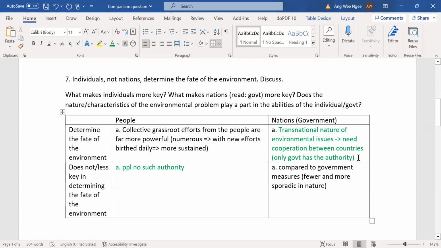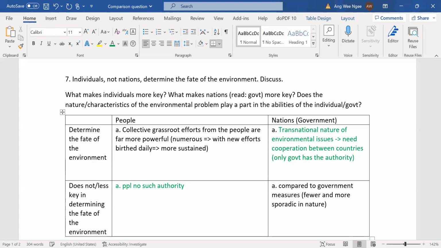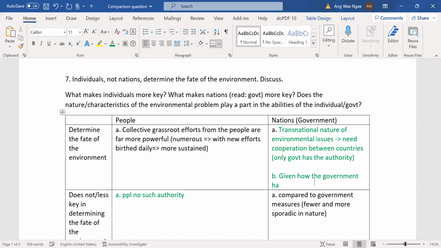You can also start to think about how governments have the expertise, because they are able to empower the scientists, researchers. They can draw on the talents of the country.